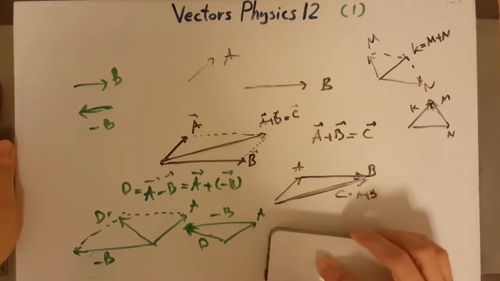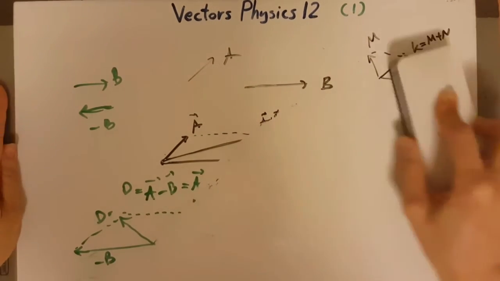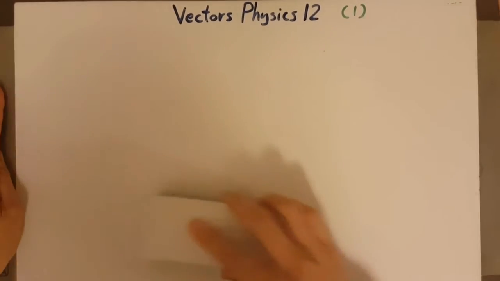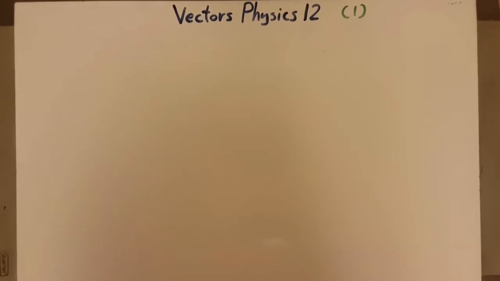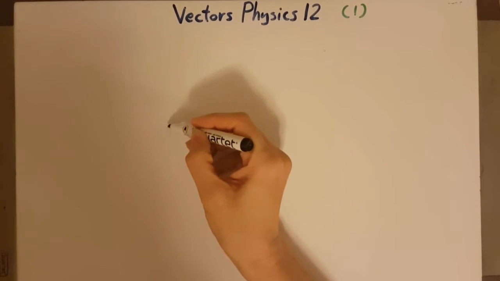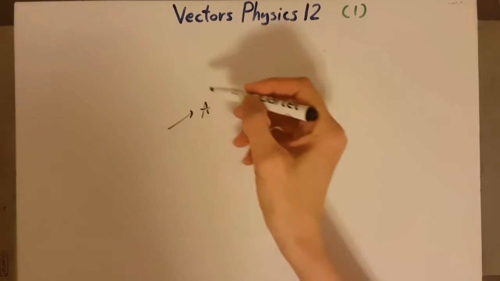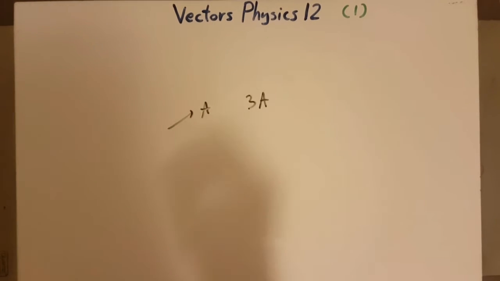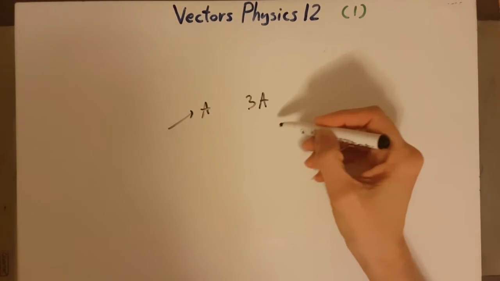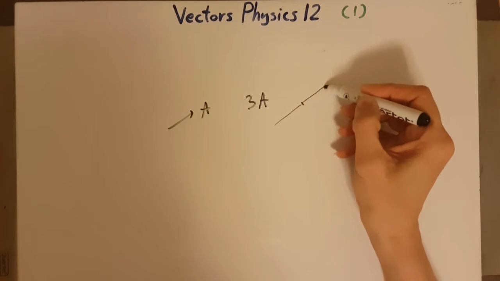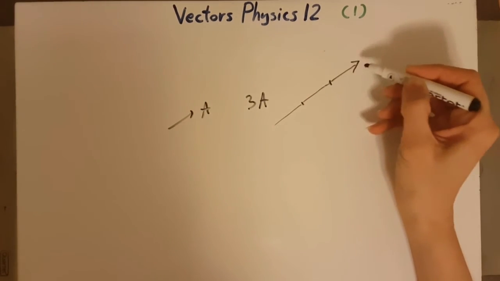And there is one last thing in this lesson I want to tell you: if you multiply a number by a vector, so for example, this is A, and you want to find 3A. The 3A would be just 3 times A, showing the same direction, just 3 times bigger.